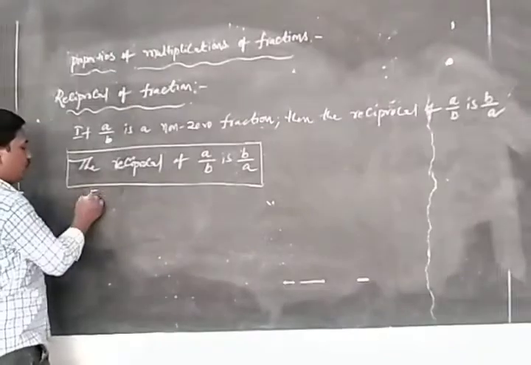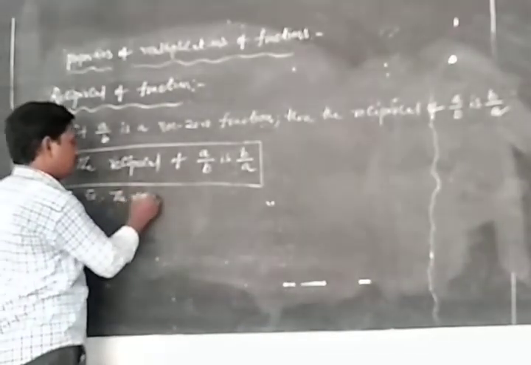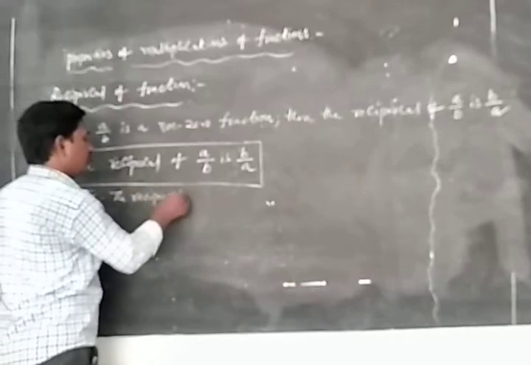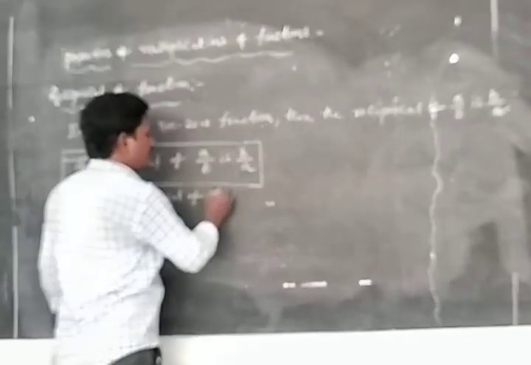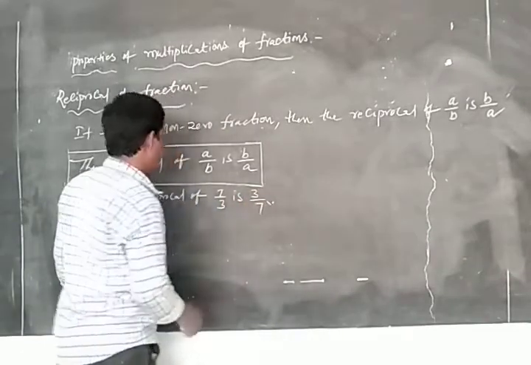For example, the reciprocal of 7 by 3 is 3 by 7.